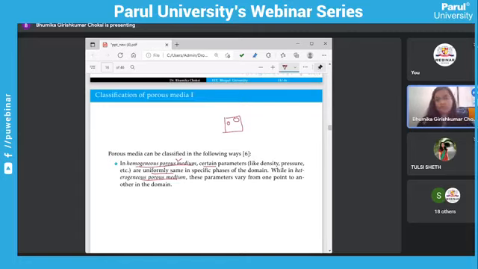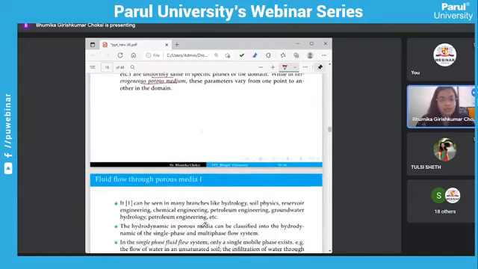And in our real world problem, the oil recovery problem is based on heterogeneous porous medium only. So homogeneous is the ideal case, the ideal phenomenon.